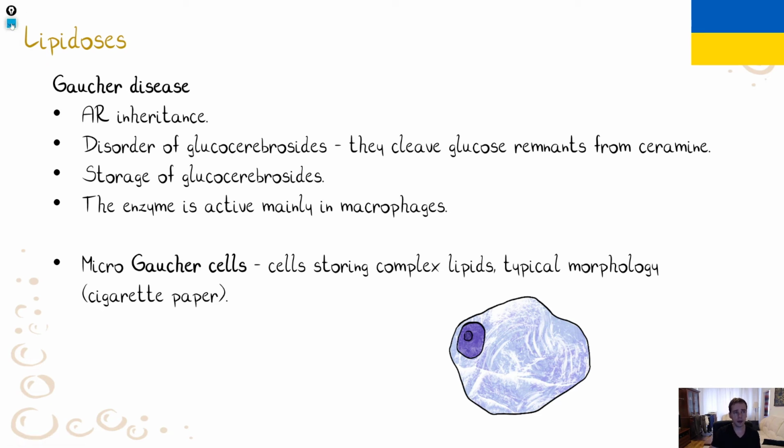Microscopically, we can find so-called Gaucher cells, which is a cell storing complex lipids, and it has typical morphology. It is not exactly foamy, but the cytoplasm is described as folded cigarette paper.